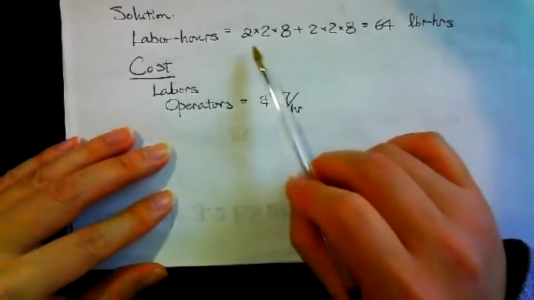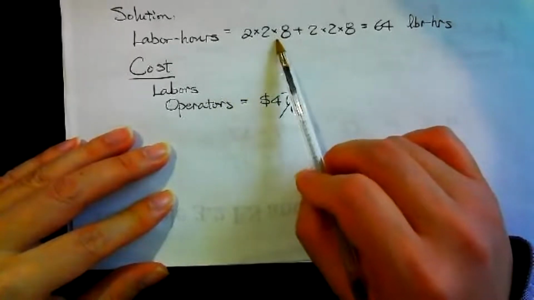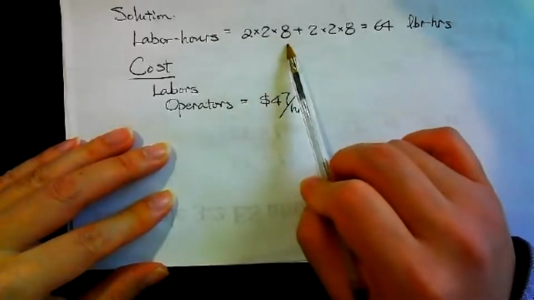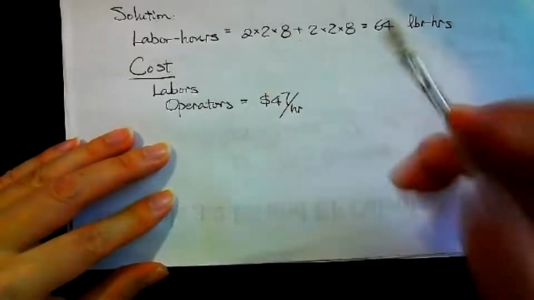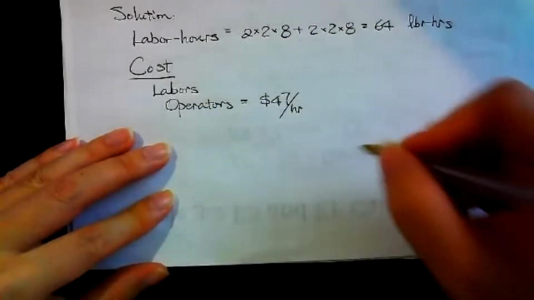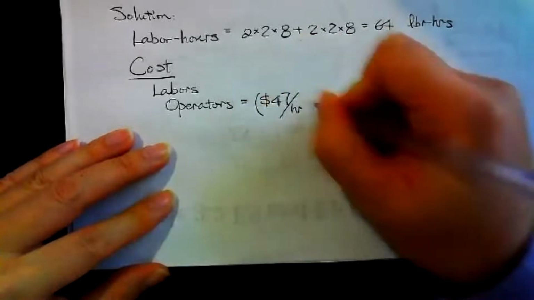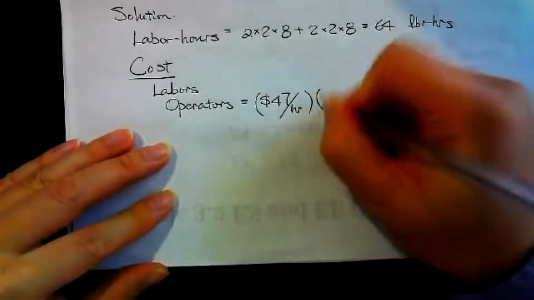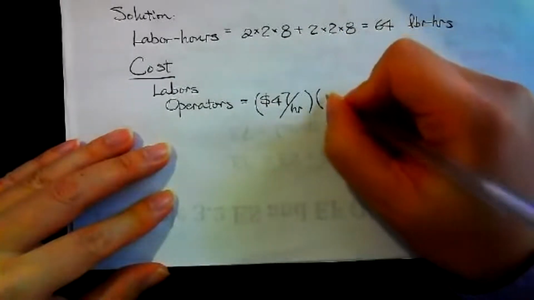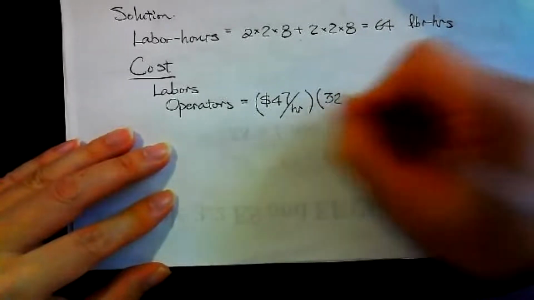From this calculation, you can see over here, this is 2 days, 2 operators, and 8 hours per day. So for operators, we will use this many labor hours. Let's multiply this, it is 32 labor hours.